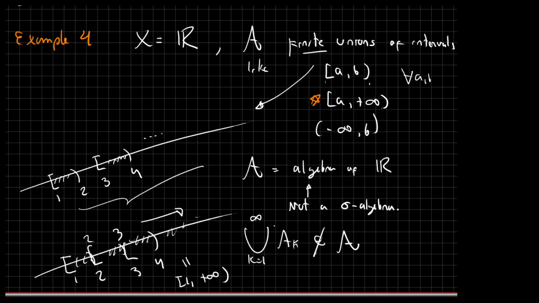Some infinite unions are included in A, but some others like this one are not included in A. So this makes this an algebra but not a sigma algebra. So this is it for the examples.